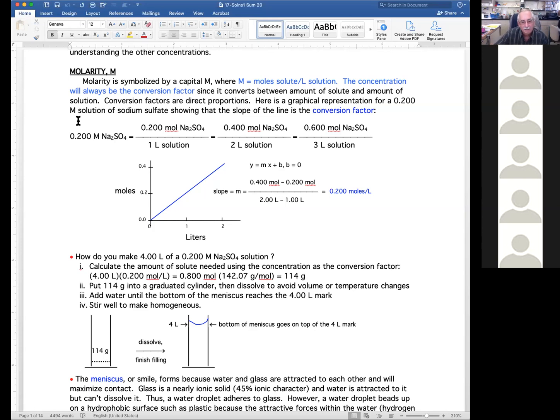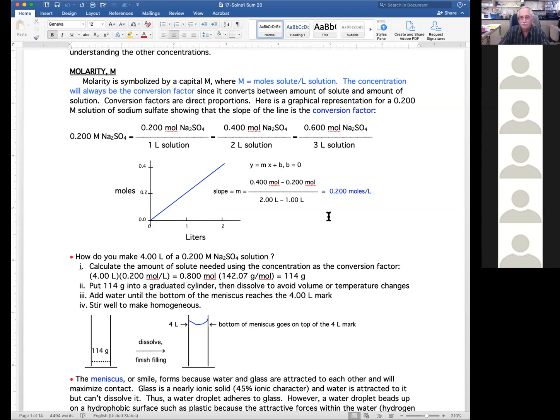Yes. So what does it mean to say you have a 0.2 moles per liter solution of sodium sulfate? That means that there's 0.2 moles in every liter, 0.4 moles in 2. Look at this. This is a direct proportion. I graphed it. The slope of this line is the conversion factor.